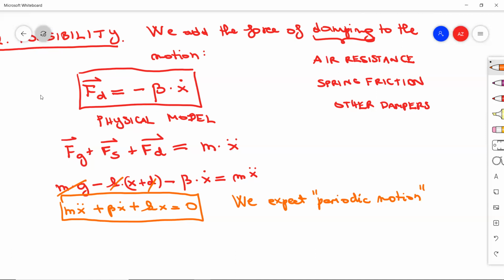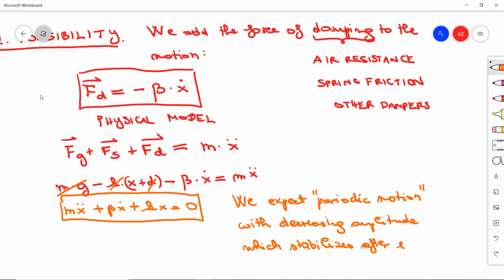So we expect periodic motion with decreasing amplitude, which stabilizes after enough time.